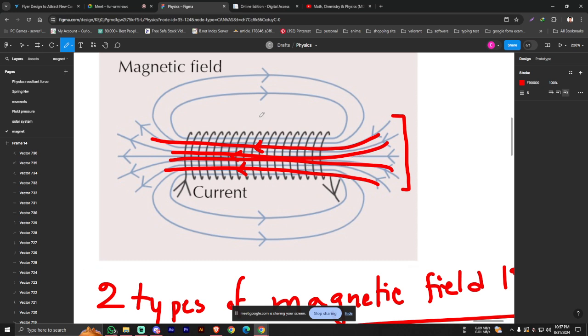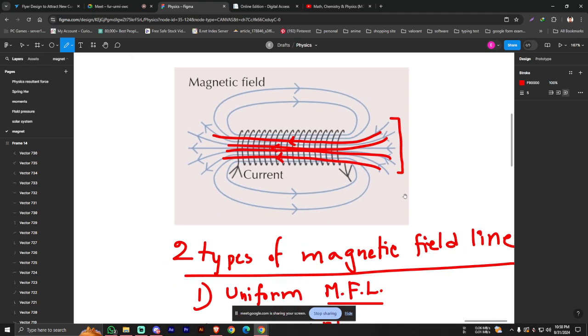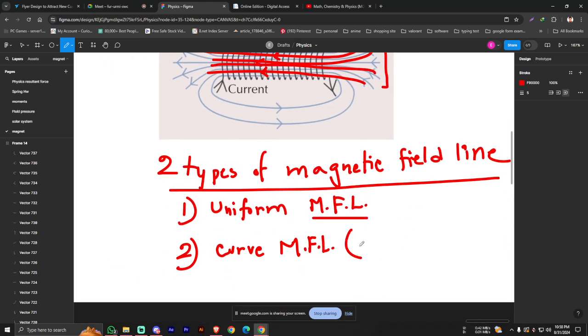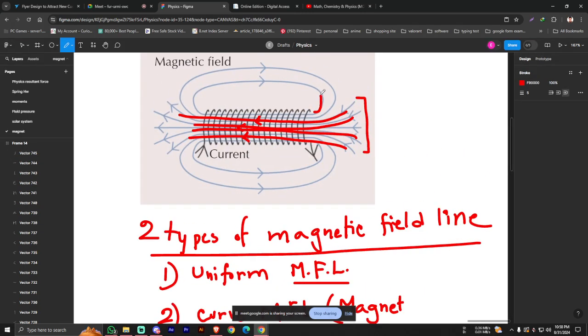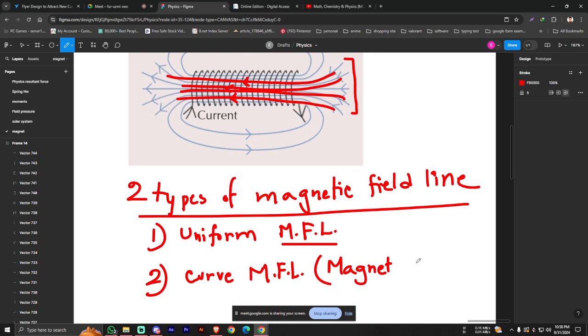And where are the curved magnetic field lines? And of course, remember the curved magnetic field line is same as the magnet's field line. We have seen in a magnet the figure right here which has been curved, right? The same as a magnet's magnetic field line.